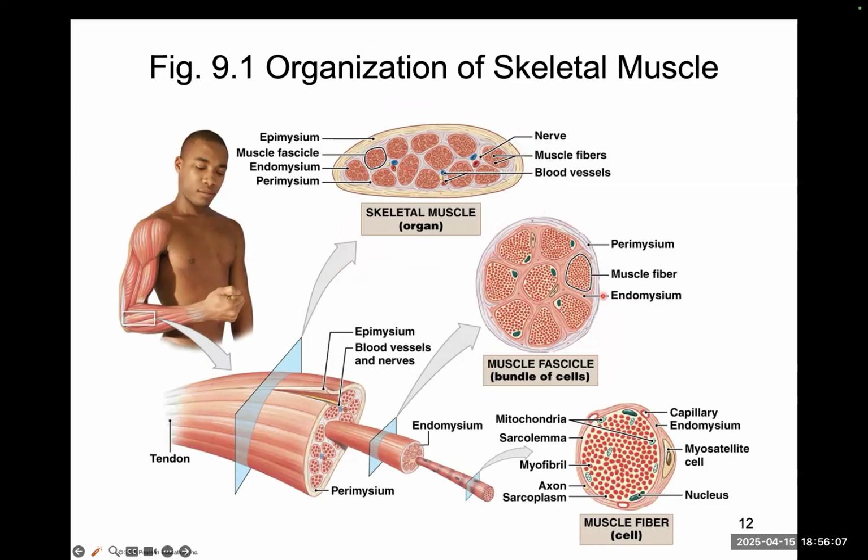And if you zoom in on the fascicle, they're organized like this, and you have perimysium around it, and you have more bundles inside it, and then you have your individual muscle cells around those. You zoom in a little bit more, this is your individual muscle cell, and around it you have the endomysium. You've got lots of mitochondria, ATP generating organelles, and nerves, and all kinds of stuff. So that's necessary to get the muscle contracted.